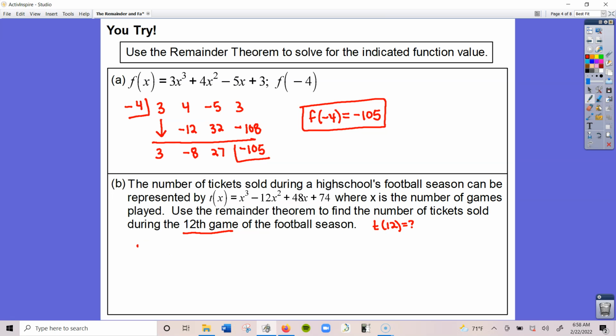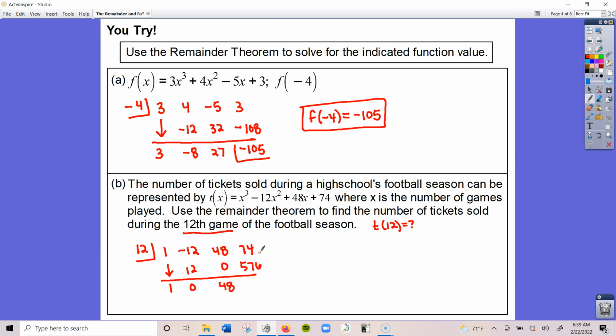So I'm going to put 12 in my box, and I'm going to write the coefficients going across. So 1, negative 12, 48, and 74. Bring down the 1. 1 times 12, 12. Negative 12 plus 12, 0. 0 times 12, 0. 48 plus 0 is 48. 48 times 12 is 576.